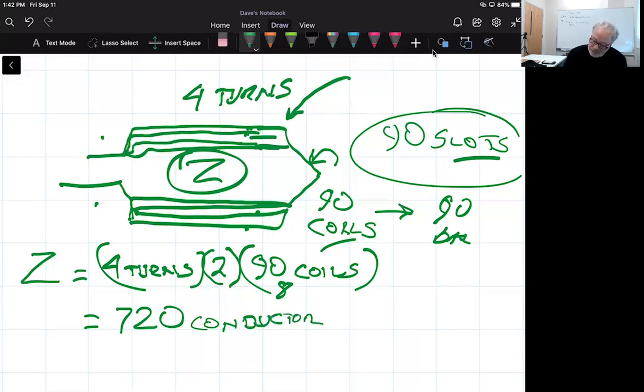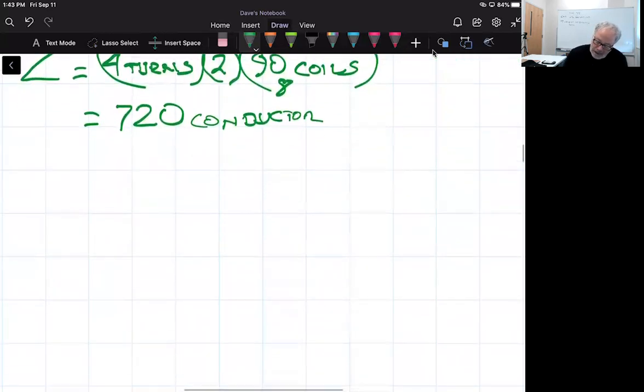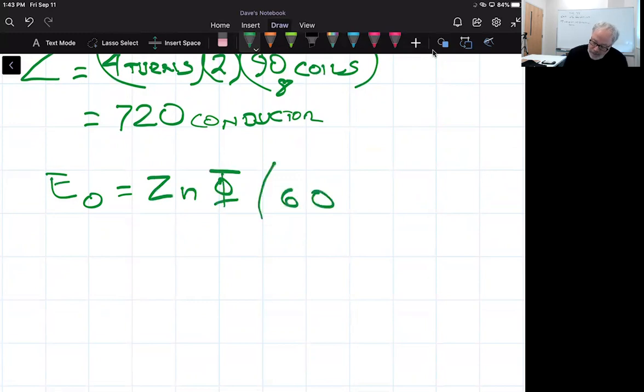Now, once I know the Z number, it's easy for me to calculate the voltage that's generated, because I plug in for Z. Let me write the whole thing again. The Z is 720. The speed is 600 RPM, which is pretty fast.